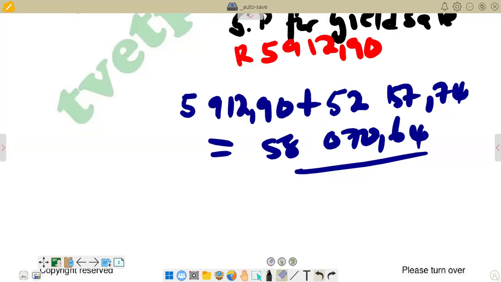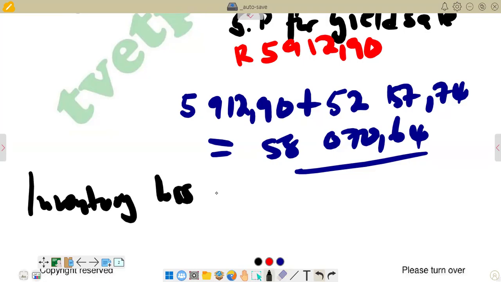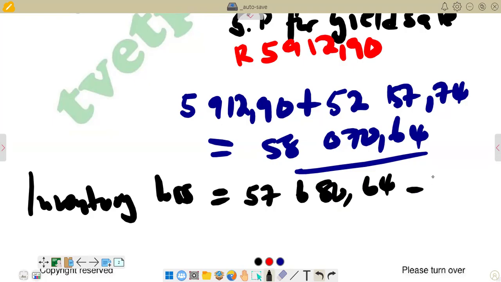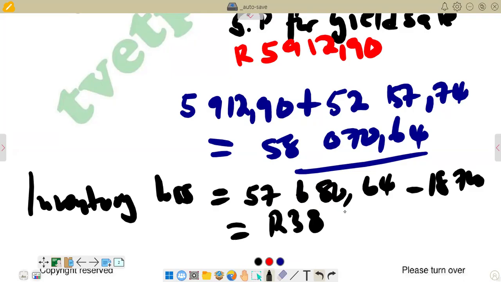So inventory loss is equal to your closing inventory that we found there, 57,680.64, minus 18,700. And the answer that you are going to get there is 38,980.64.